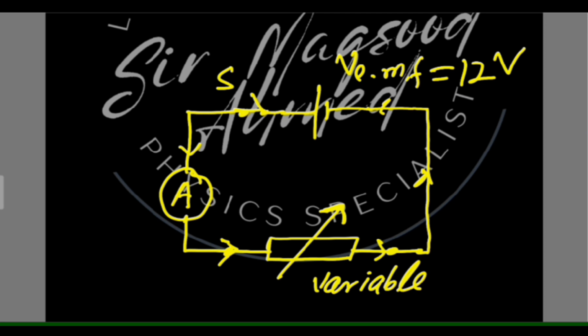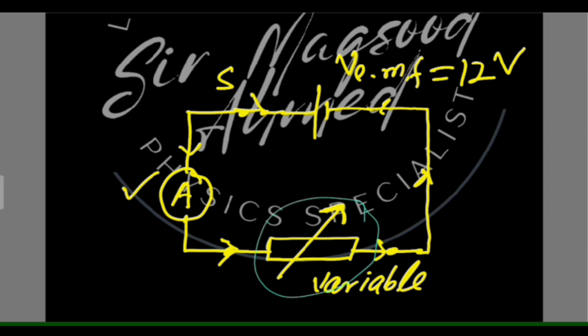Now if we increase the resistance of the variable resistor, the reading of the ammeter will decrease. Higher the value of the variable resistor, lesser is the current shown by the ammeter. As we increase the resistance of this variable resistor, the total resistance in the circuit increases.